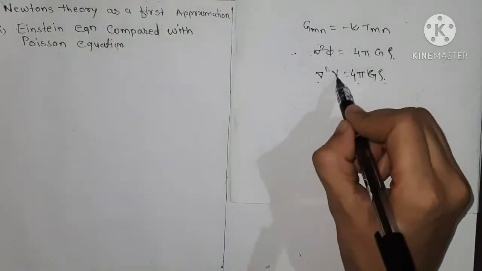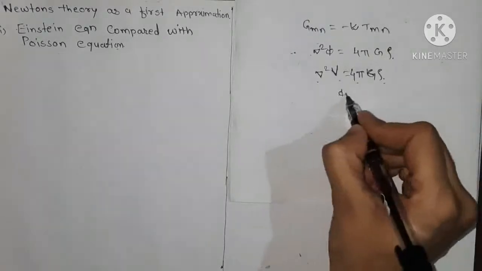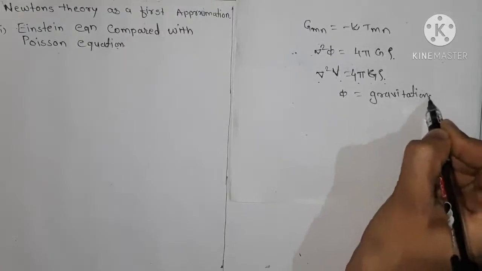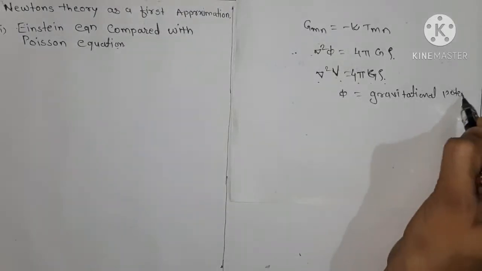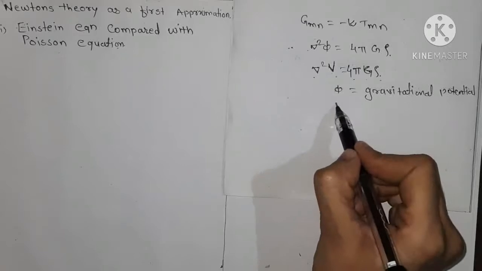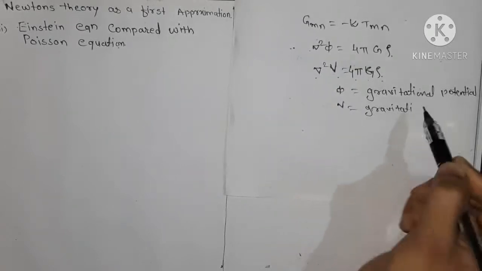In this paper we denote the gravitational potential as v.